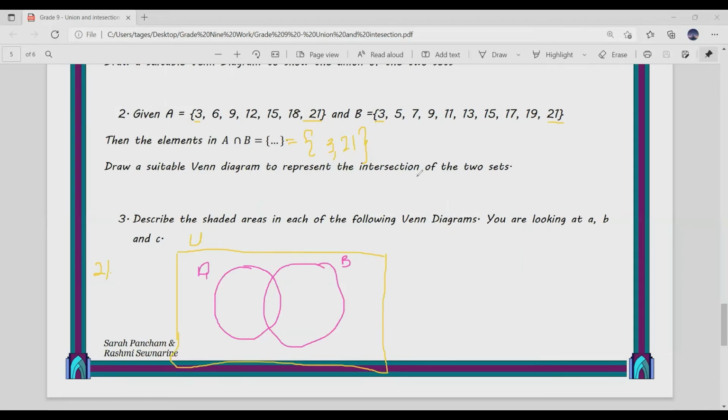Let me put the intersection in a different color. We will have 3 and 21. And this here is the intersection area. If you would like, you can just highlight it.